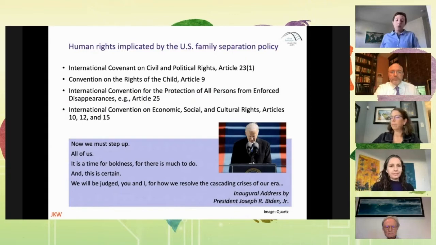They have the right to protection of the family unit, the right of children not to be punished for the status and the actions of their parents or the adults that are with them, the right to the highest attainable standard of physical and mental health, including provision of necessary steps, quote, for the healthy development of the child. We have the right to share not just the burdens of genetic technologies, but also their benefits, as well as the rights to privacy and data protection.